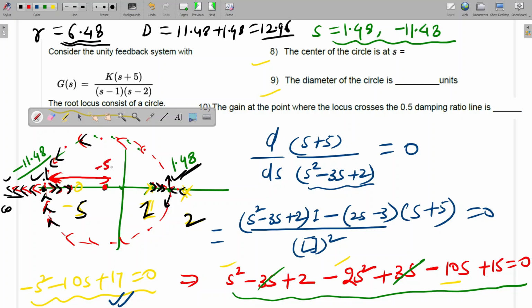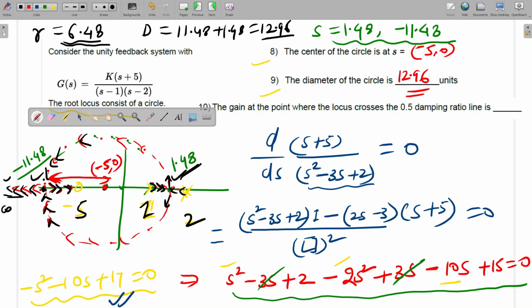This is minus 5, comma 0. Is it correct? Yes, sir. Okay. So the center will be minus 5, comma 0, and the diameter will be 12.96. Is it clear to all up to now?